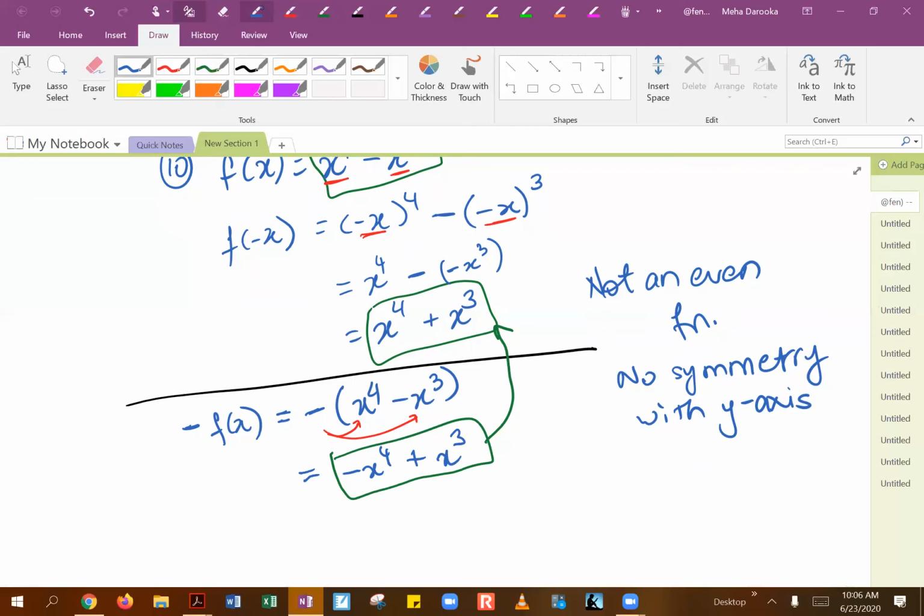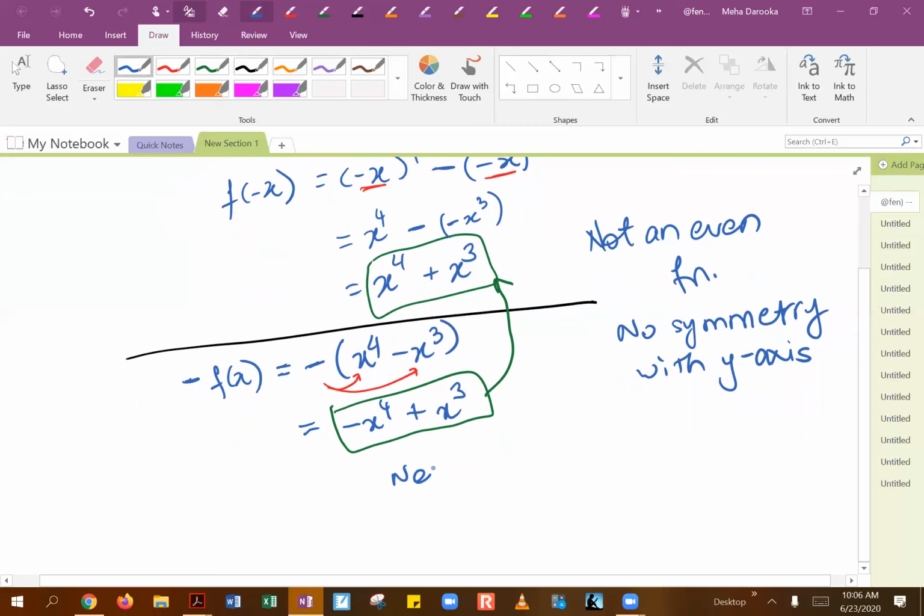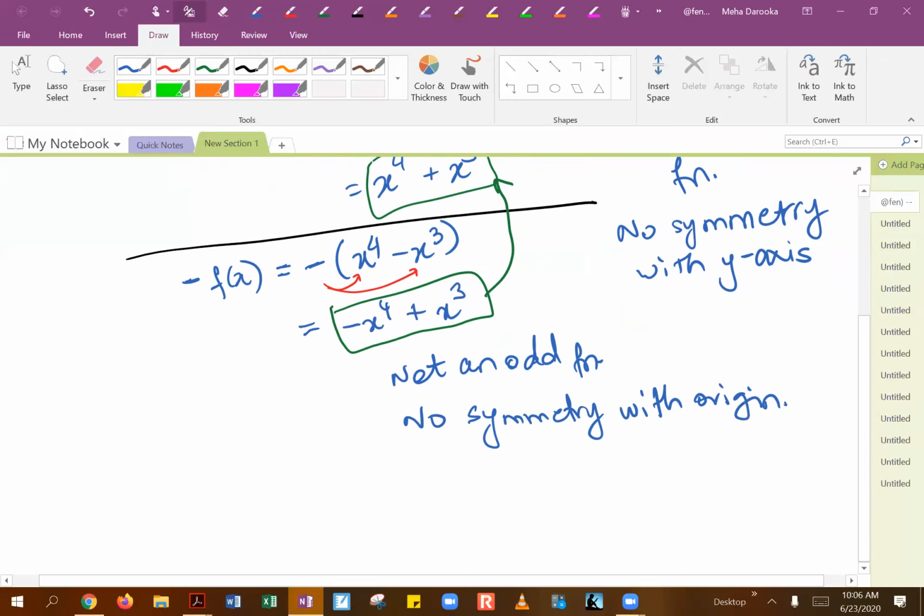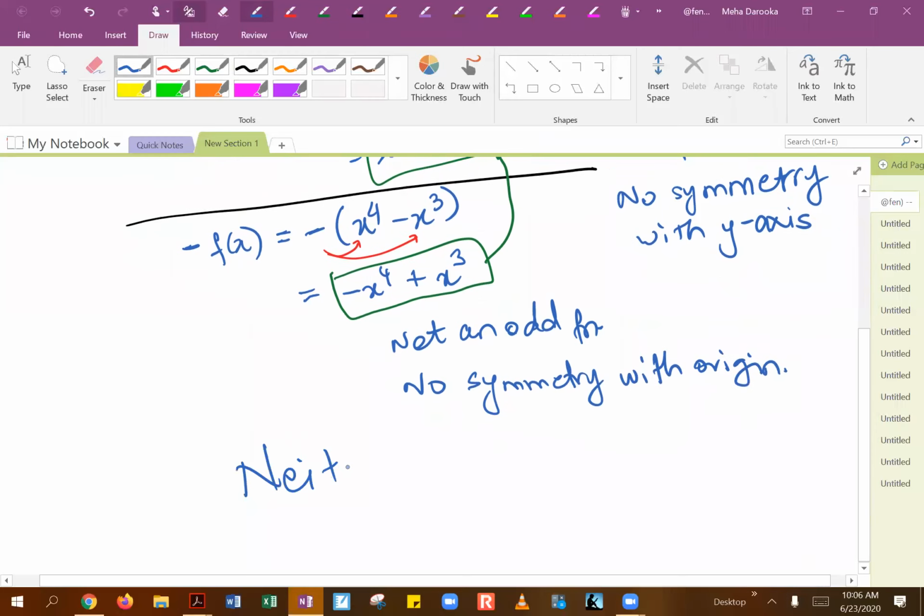So this is telling me it's not an odd function either, and that means no symmetry with respect to the origin either. So in this case, our conclusion would be it's neither, and it has no symmetry.